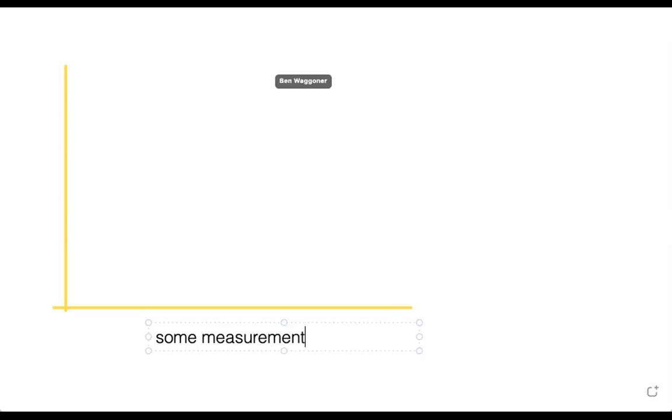It doesn't even matter what. And on the y-axis, we have the frequency of that measurement.